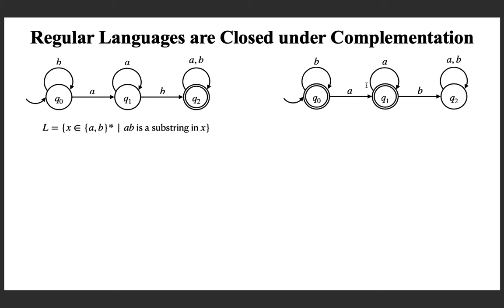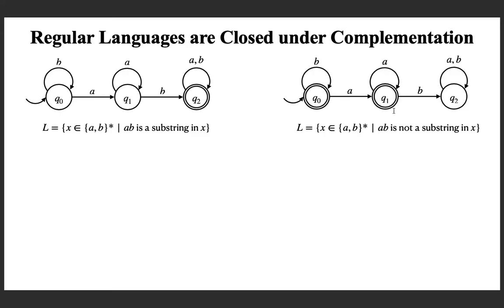So now can you tell me what language is accepted by the obtained DFA? You can see that it is exactly the complement of this language. So if AB is there, you will come to this state and you will end up there. You cannot escape. So if AB is there, you reject. If AB is not there, you accept.